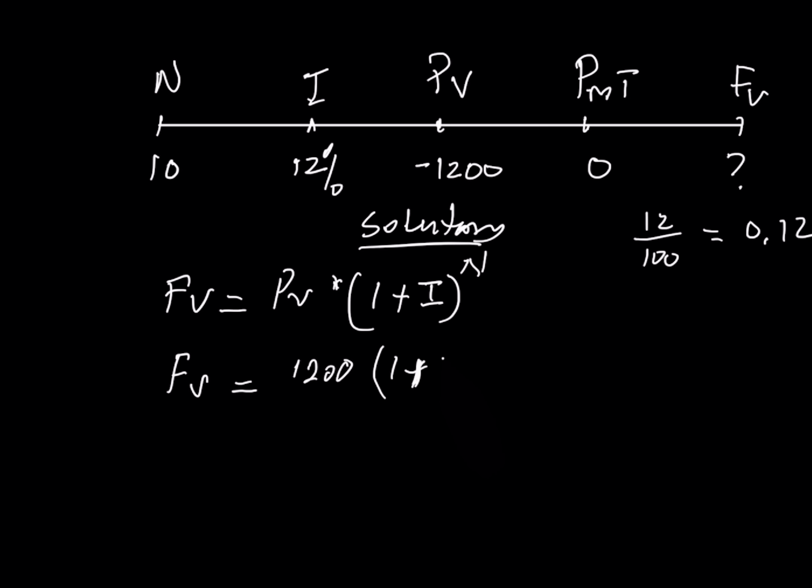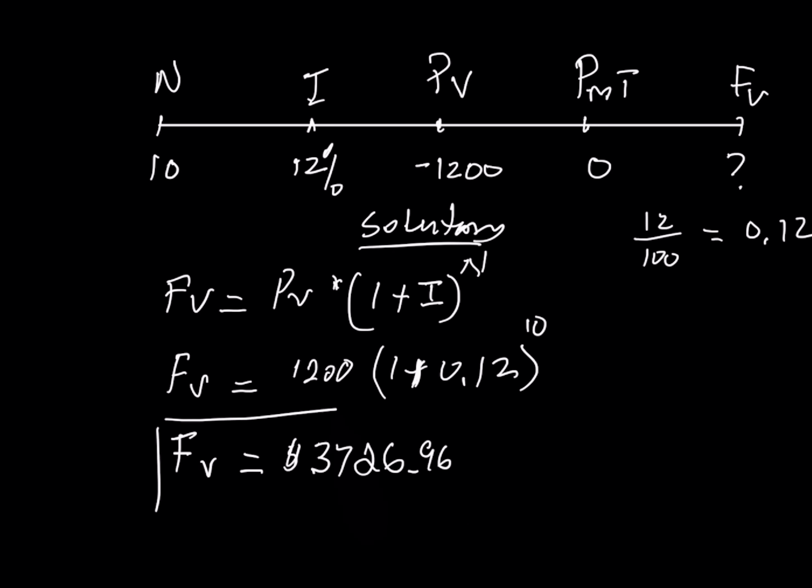That's what we're going to write here, 0.12. Everything inside the parentheses, we have to raise to the 10th power. Using a financial calculator, we find that the FV equals $3,726.96. This is the future value.